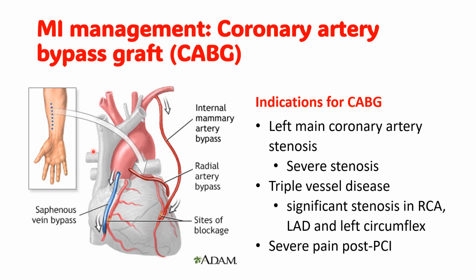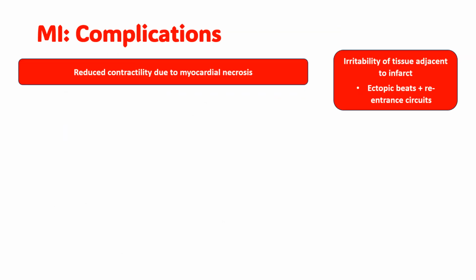Yeah, very, very impressive. Okay, so let's talk about some complications of MI. So again, I always like to look at the pathophysiology, and then the mechanism, and then how that leads to the complications.